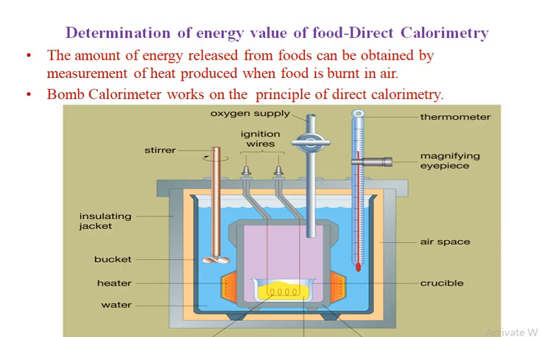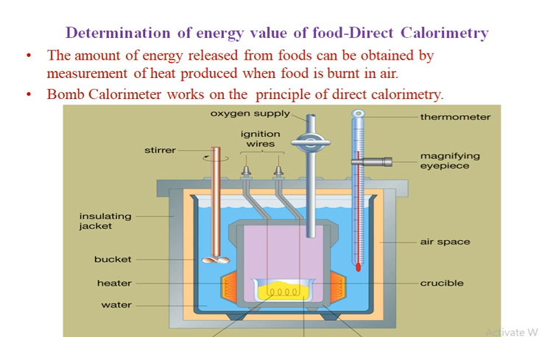Now let's see the determination of energy value of food by direct calorimetry. The amount of energy released from foods can be obtained by measurement of the heat produced when food is burnt in air. And usually in our body, when the food gets burnt with the help of oxygen, energy is released.